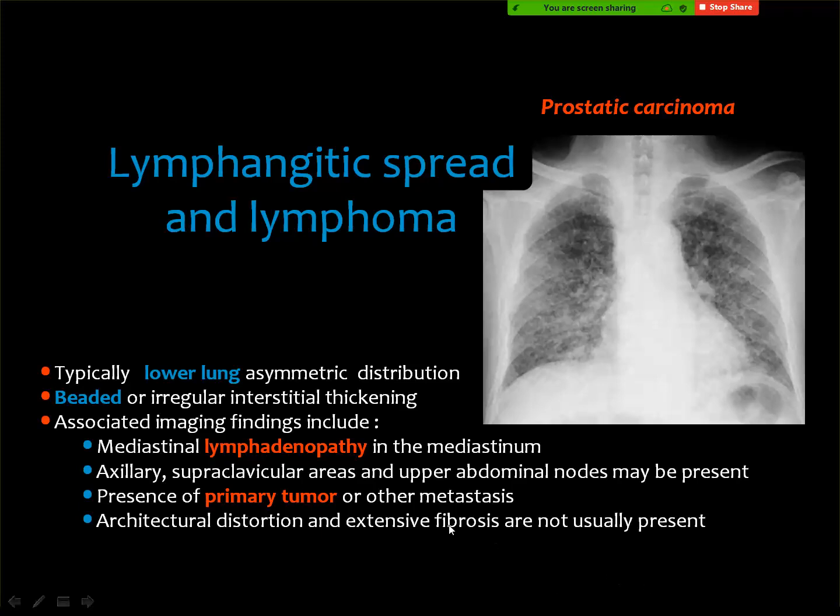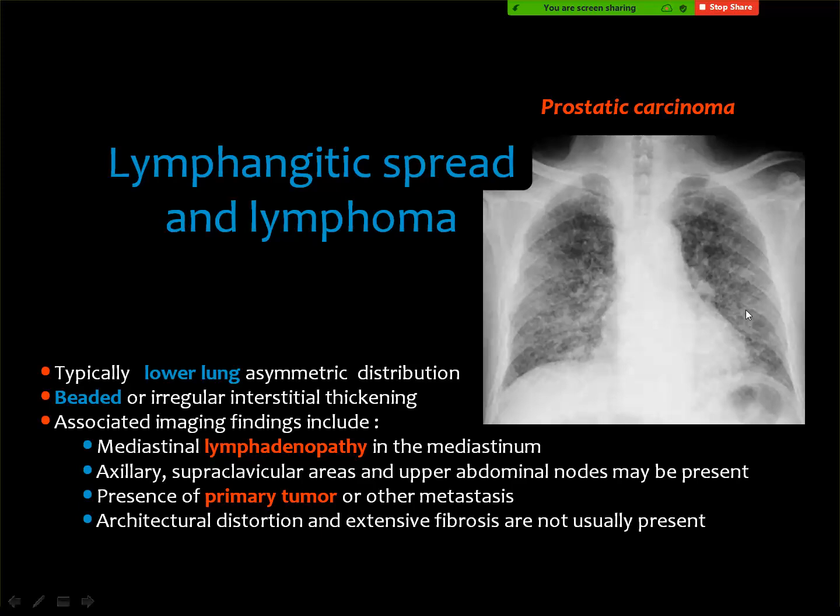You do not need to have mediastinal lymphadenopathy, and lymphangitis carcinomatosa can occur without mediastinal lymph nodes. And sometimes it can be associated with hematogenous metastasis in the form of pulmonary nodules.